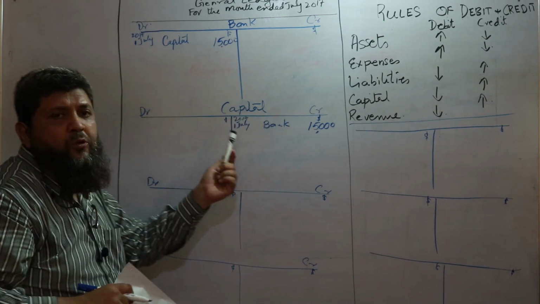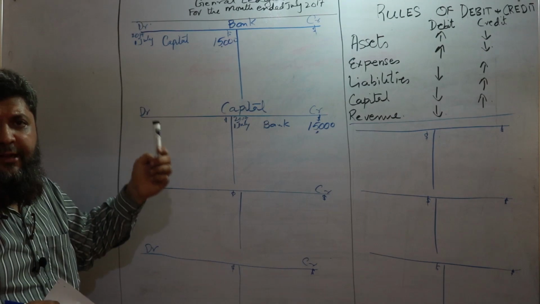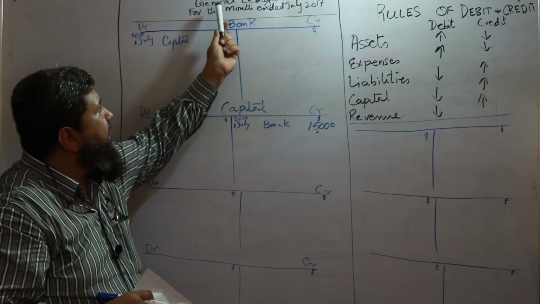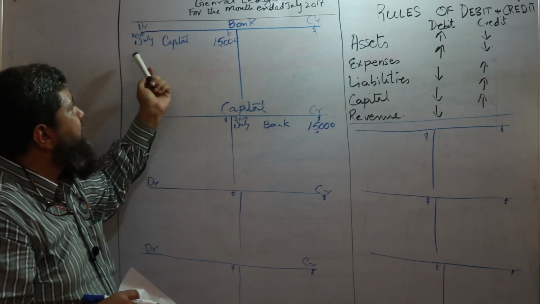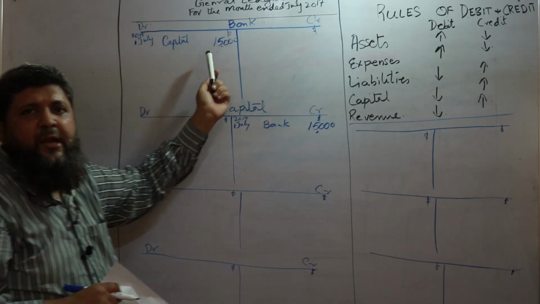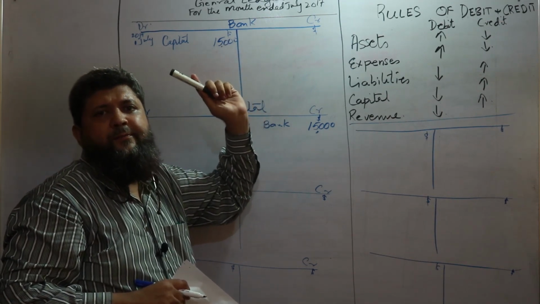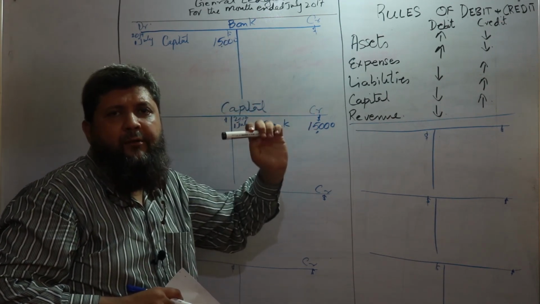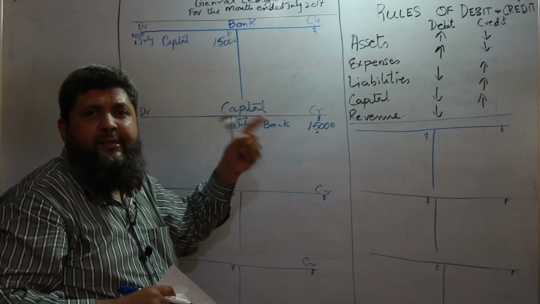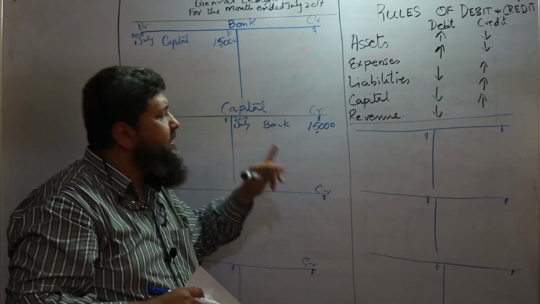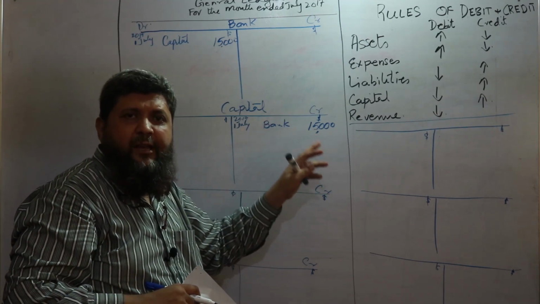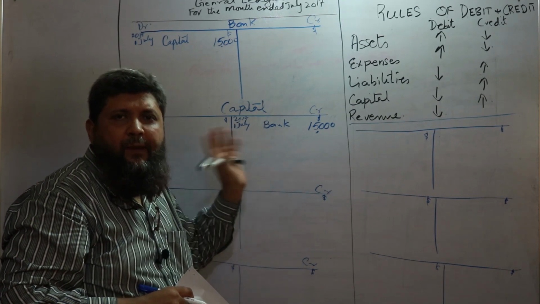So the person who has accounting knowledge, by looking at this T account, will understand that F. Murray in the month of July, on 1st July, invested $15,000 in the business by putting this amount in the bank account. Whosoever sees this capital account will understand that F. Murray started business on 1st July by investing 15,000 in the business and 15,000 are kept in bank.